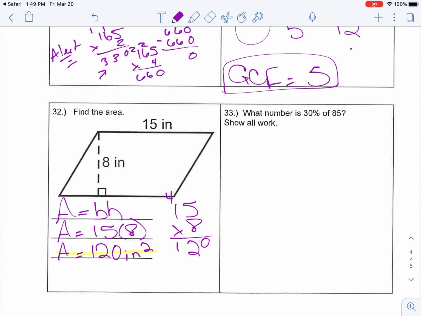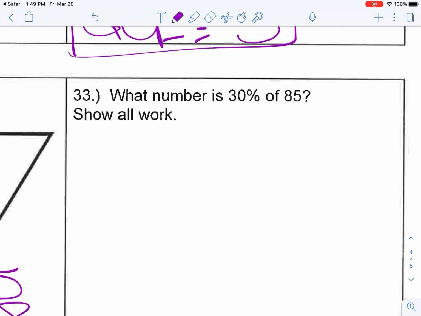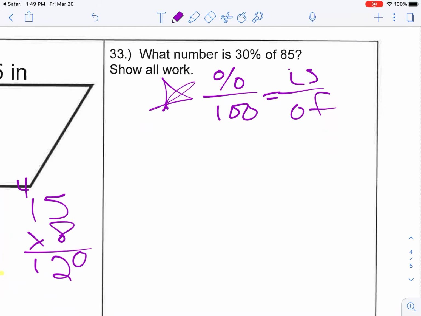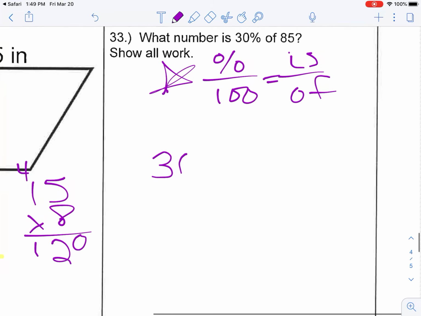Okay. And then number 33, this is just from this last chapter. What number is 30% of 85? Easiest way to do these: percent goes over 100. Is over of. Remember that? 30%, percentages go over 100.